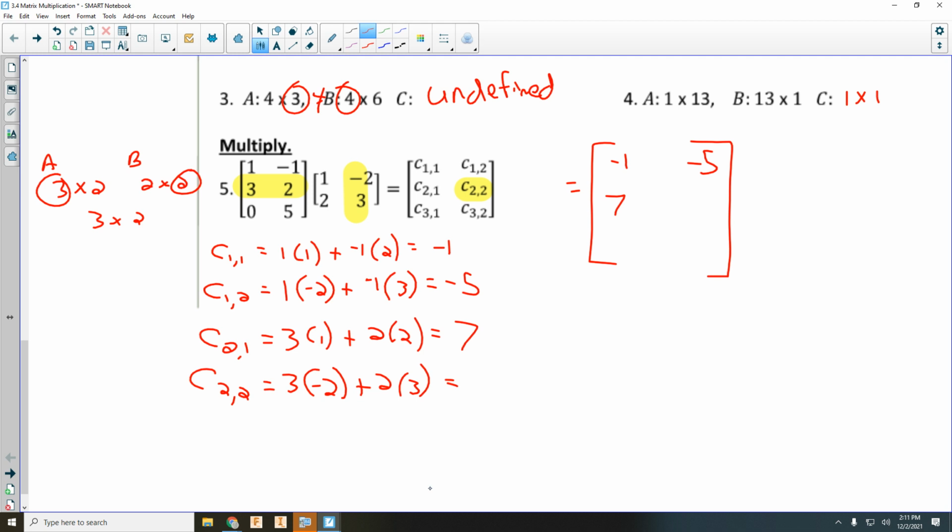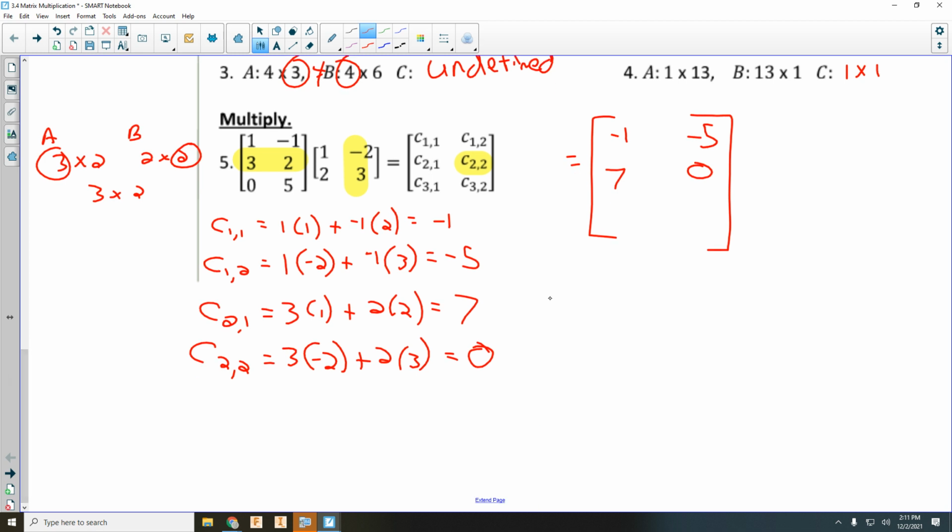0. And then I'm running out of room, so right below that, I'm just going to start at the bottom. So what else do I got left? I got C31, which would be 0 times 1 plus 5 times 2, which is 10.